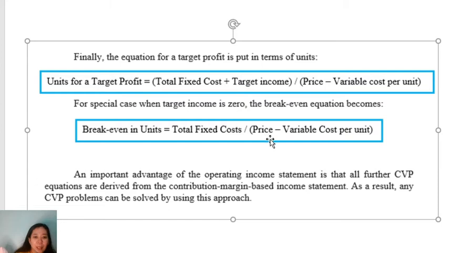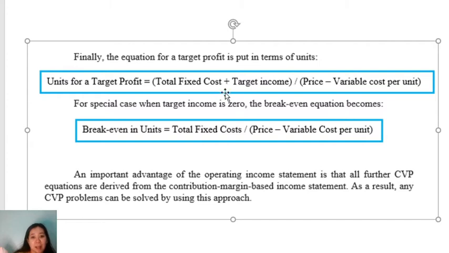Okay, so from this formula, we will now have this equation for the target profit. What have you noticed with the formula for units for target profit? It is the same formula as the break-even point in units.